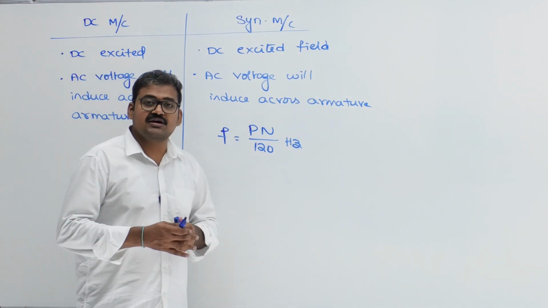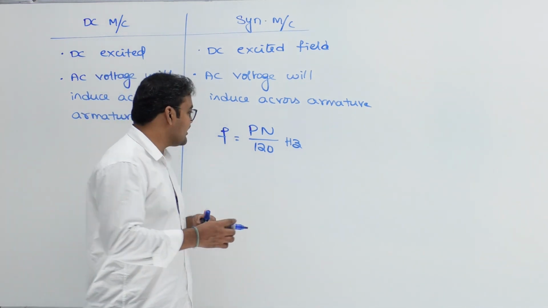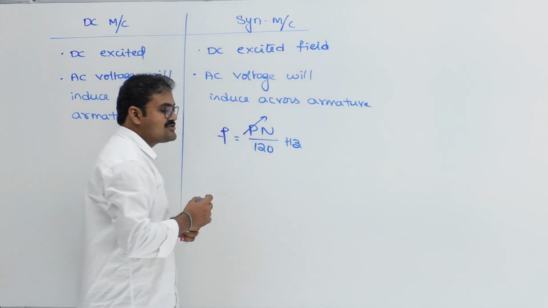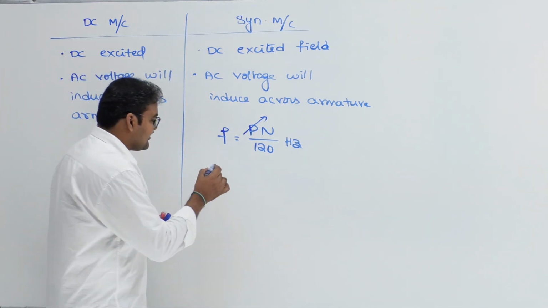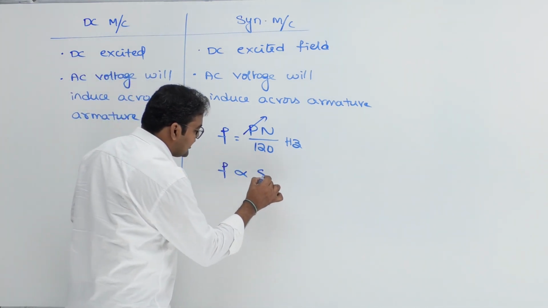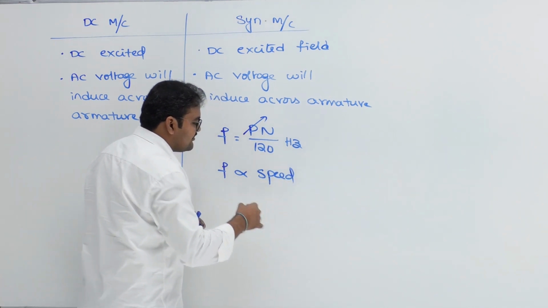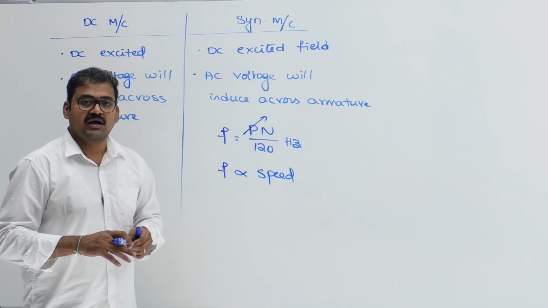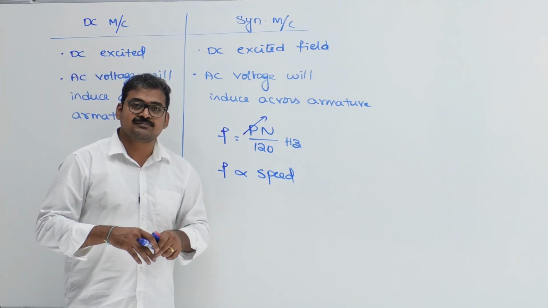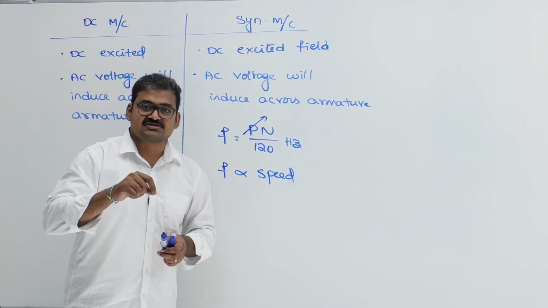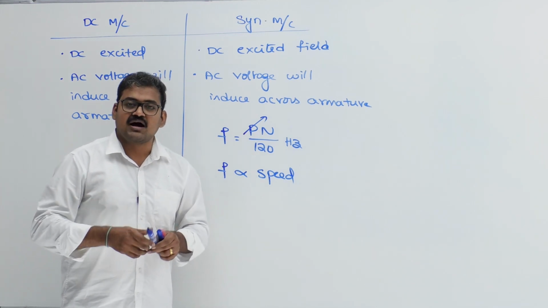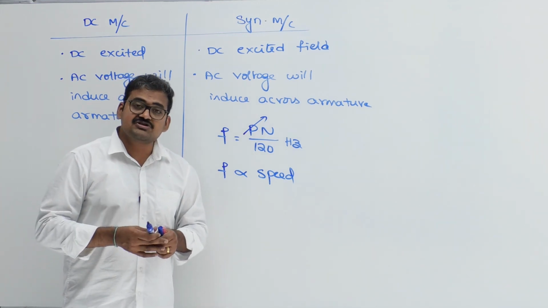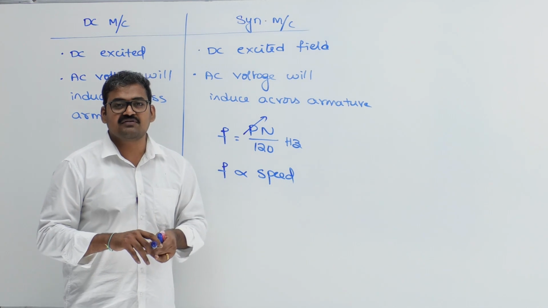And also, you tell me, once the construction of the machine is completed, can I say the number of poles is going to be constant? Therefore, frequency will be directly proportional to the speed at which the rotor is rotating. And we all know that in a power system, our synchronous generators, also called alternators, are expected to generate constant frequency voltage or variable frequency voltage?